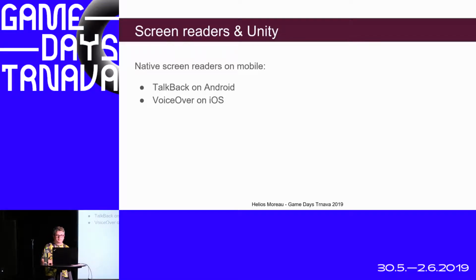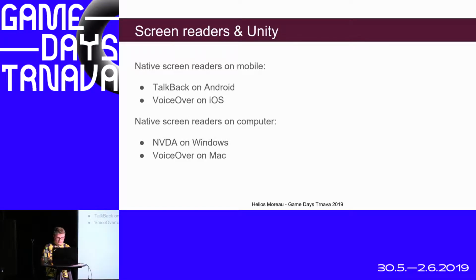On mobile, there are 2 main screen readers, so TalkBack on Android and VoiceOver on iOS. And on computer, NVDA for Windows and VoiceOver for Mac. Going back a bit on mobile devices, there is something called magic gestures. It's basically some gestures that are dedicated to one type of interaction that you can have with your device.